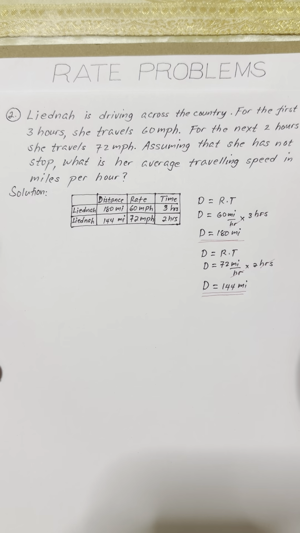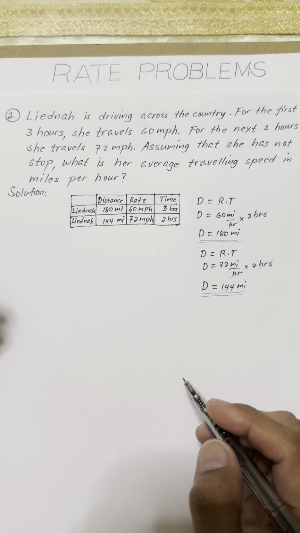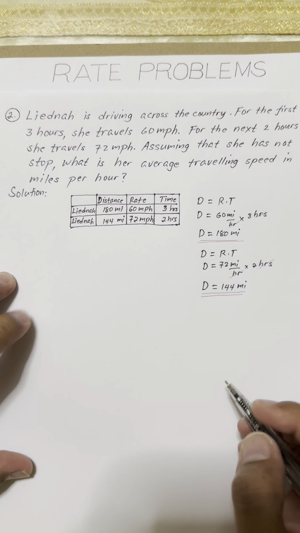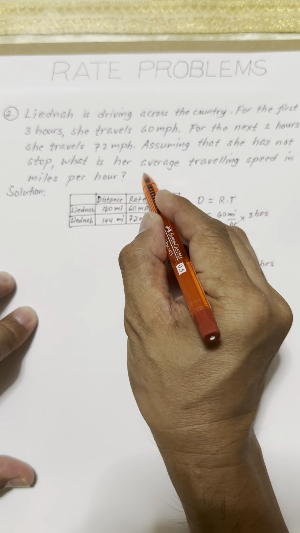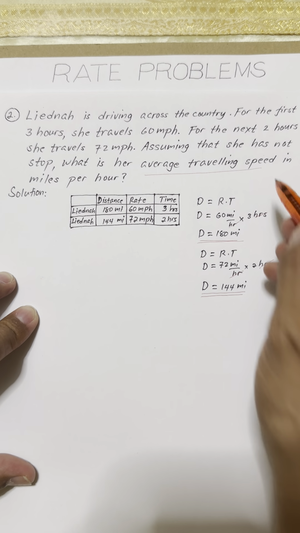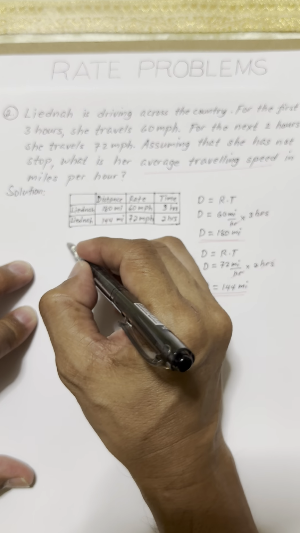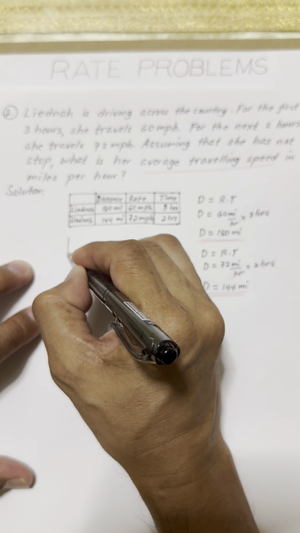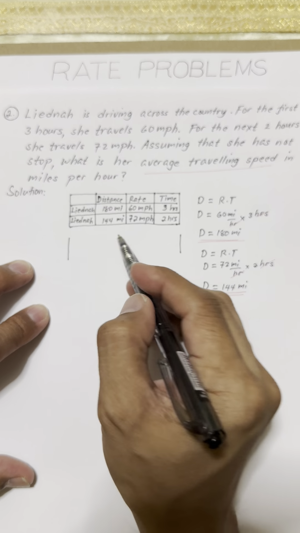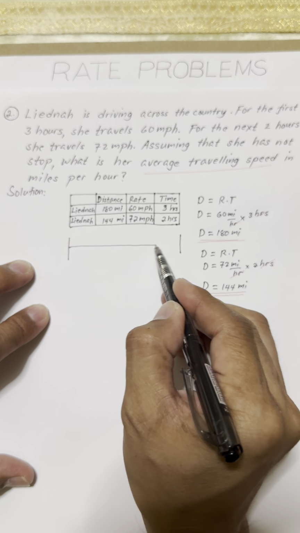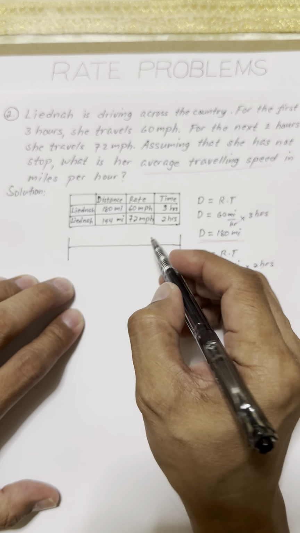So to help us solve this problem, we can present some kind of illustration that can help us figure out how to solve it. We are asked to solve for the average traveling speed. So that's our problem to solve. Okay, so let us draw this illustration. Assuming that is the total distance traveled, Lidna started from here.